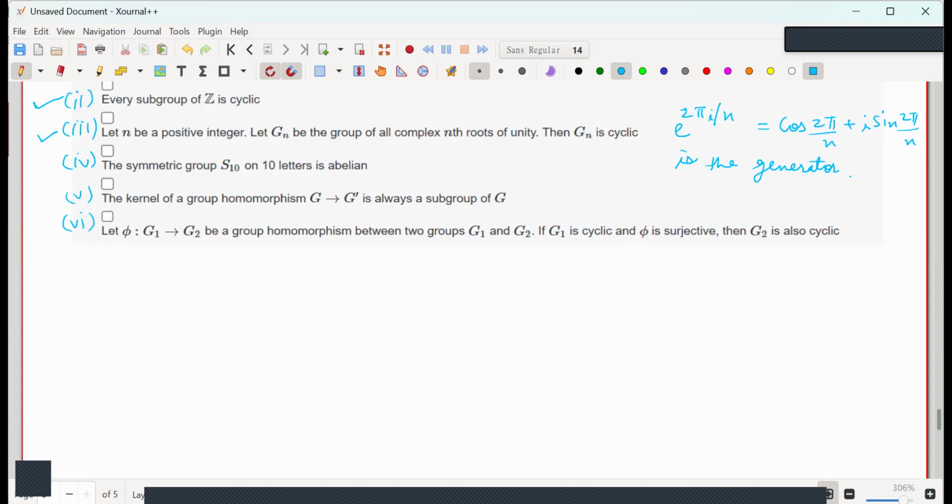So it's redundant, but it is just to give you information about what this S10 means. One can even write: the group S10 is abelian, with no need to write symmetric also.